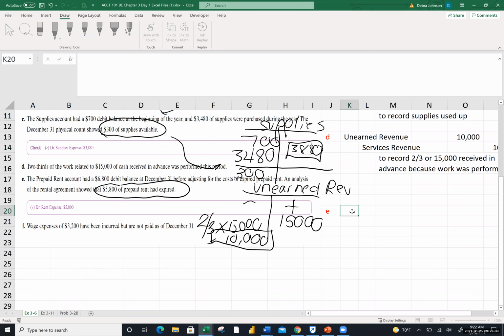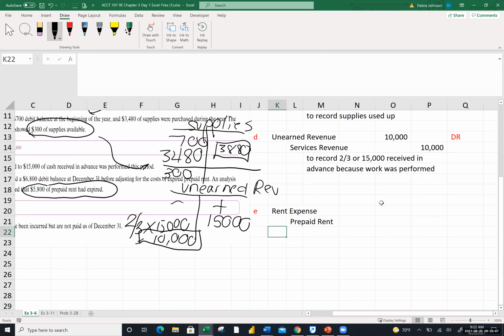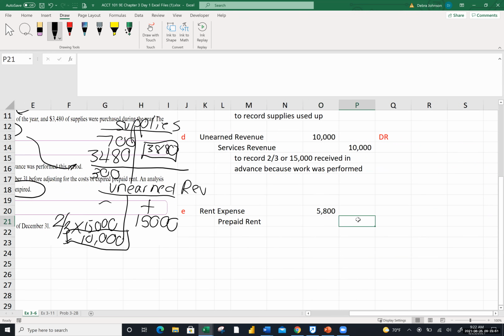Okay, so that would be rent expense and prepaid rent. And he just came right out and told us it was 5,800. And that would be to record expired rent.